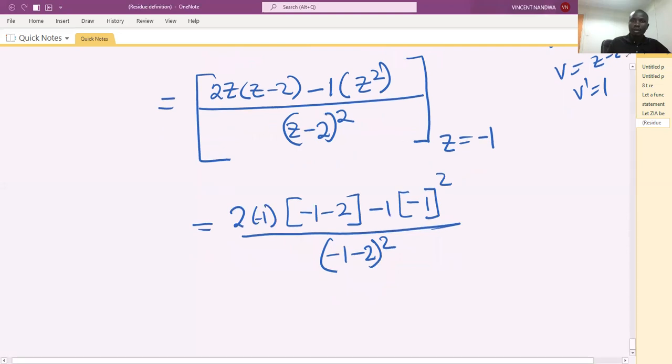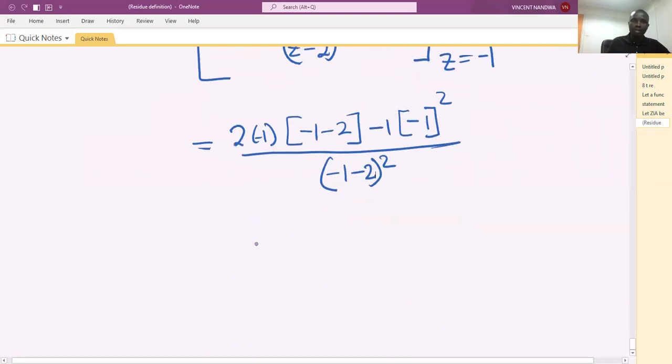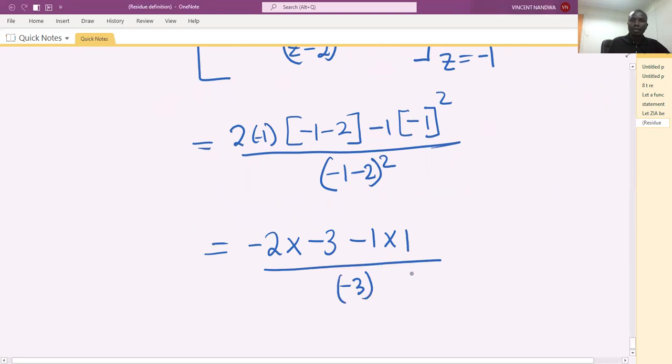So I'll have negative 2 times negative 3, minus 1, divided by negative 3 squared. Negative 2 times negative 3 is 6, minus 1 is 5, and negative 3 squared is 9. So this is 5 over 9.